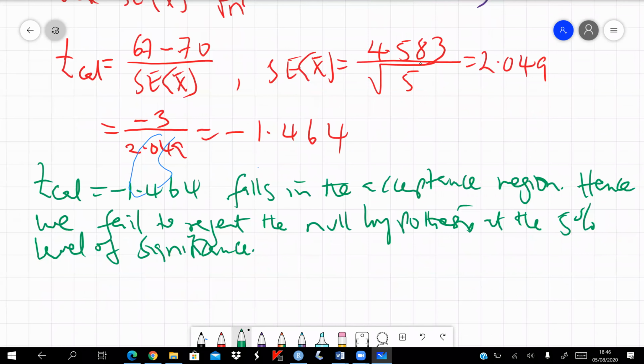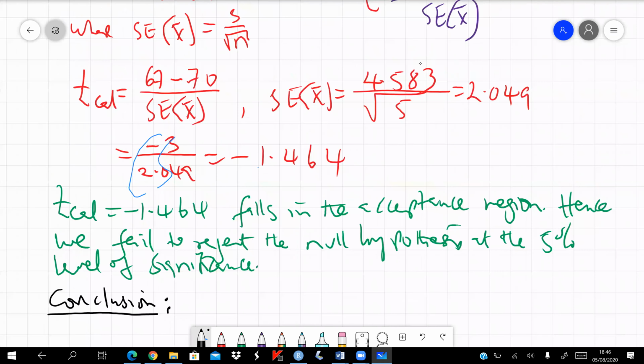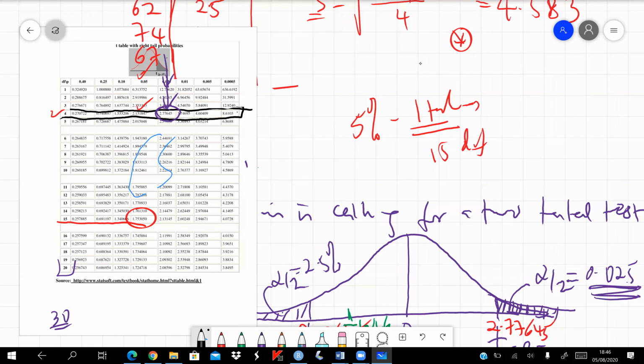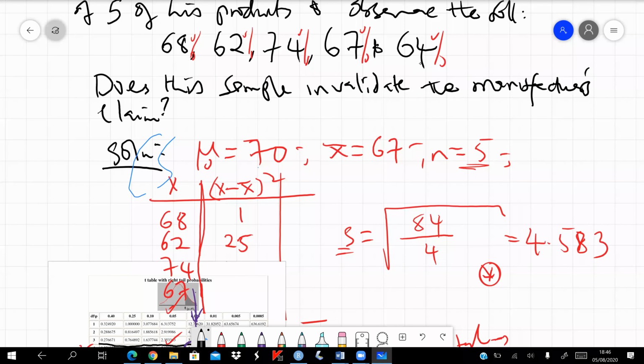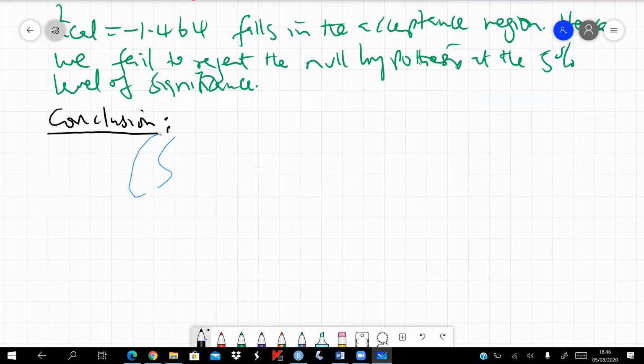So what is the conclusion in this case? The question was, does this sample invalidate the manufacturer's claim? Yes or no? No, it does not invalidate.